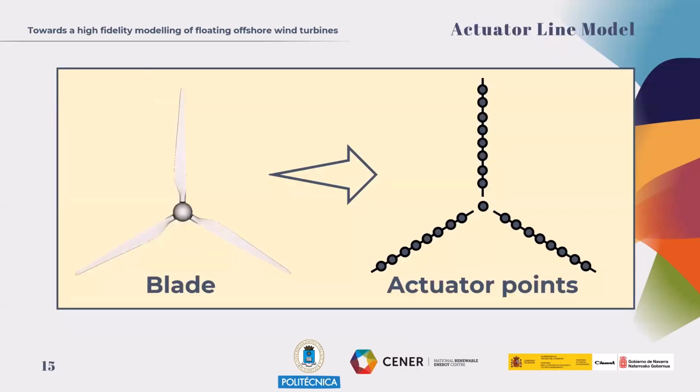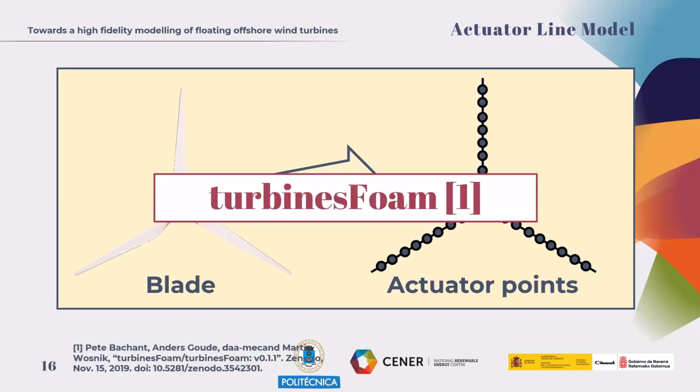The actuator line model discretizes the blades and models them as a series of actuator points where the wind speed is measured and loads calculated, and introduced in the Navier-Stokes equations as source terms.